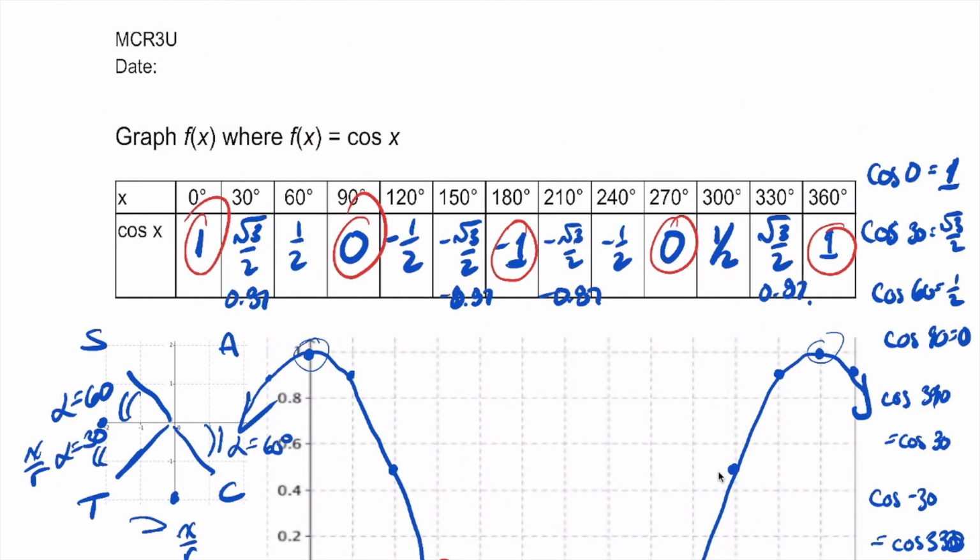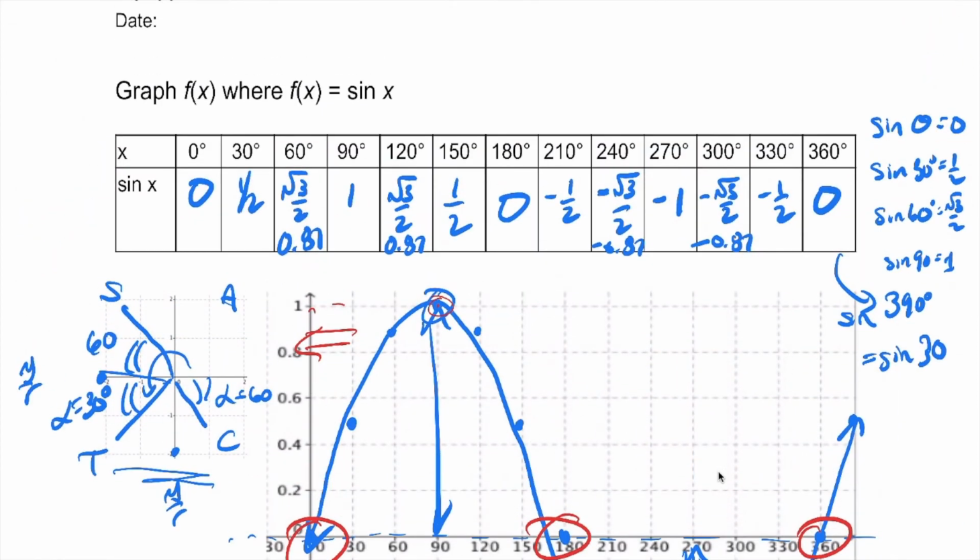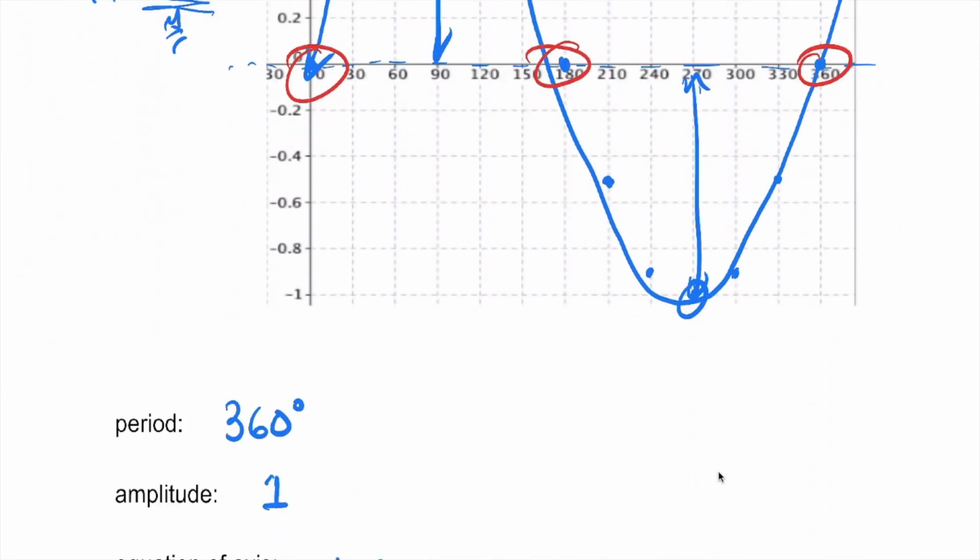So that's what we're looking for when we graph it. We want to see the peaks and troughs and where it's also hitting the equation of axes. And also the sine, same thing. Here we're going to start at the equation of axes, go up to the peak, down to the equation of axes, down to the trough, back up to the equation of axes. So we're choosing explicitly those 4 intervals where it's hitting those marks.